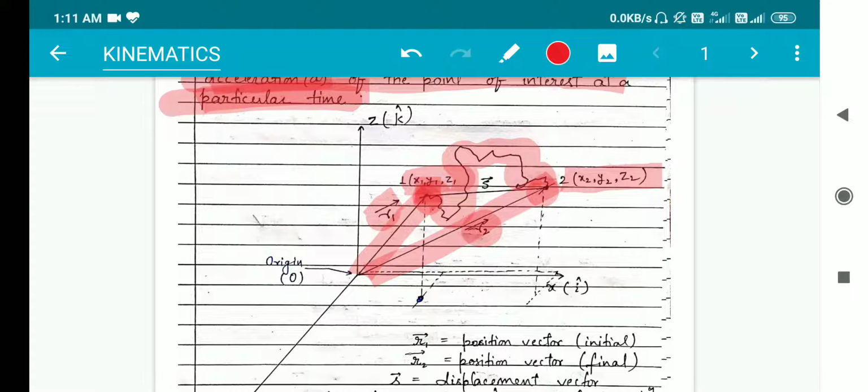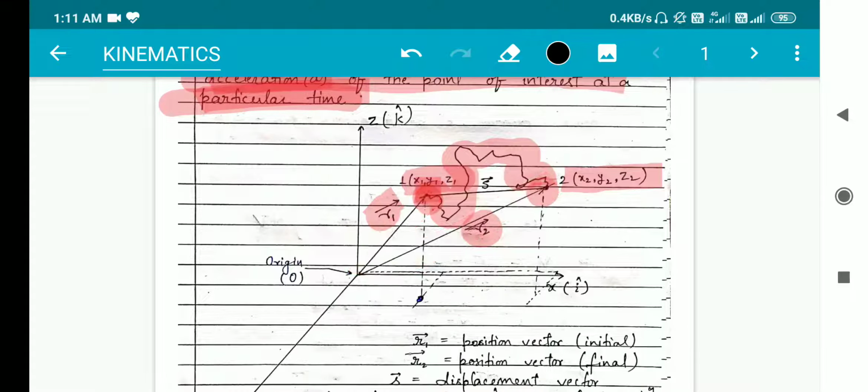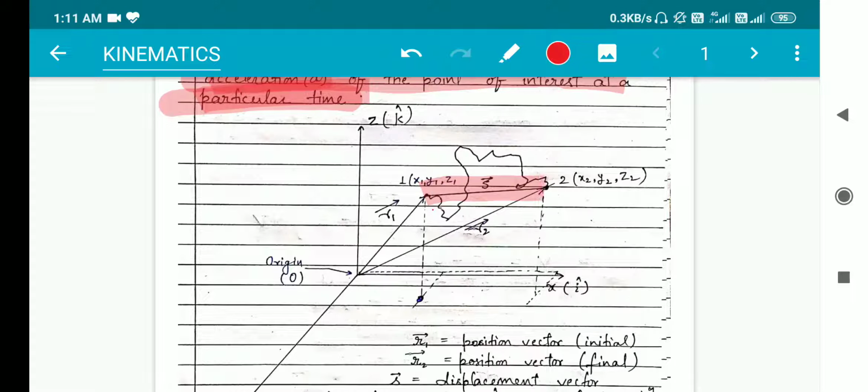The direct or shortest distance between point 1 and 2 is called the displacement vector, denoted by S vector.